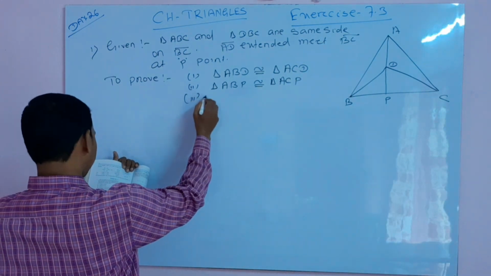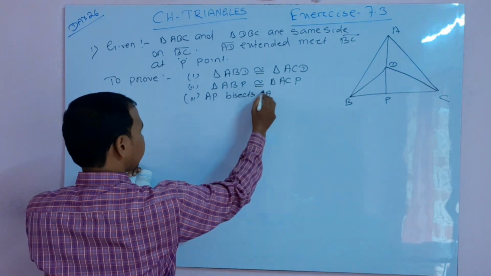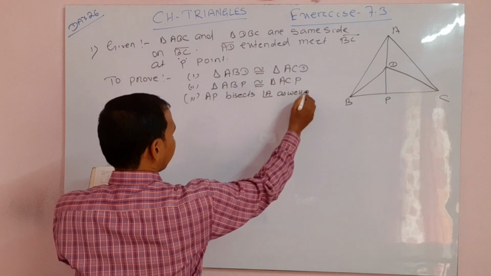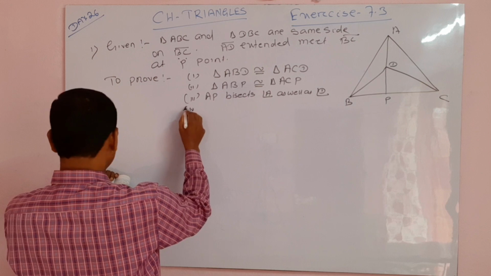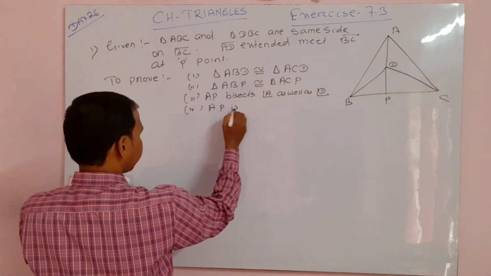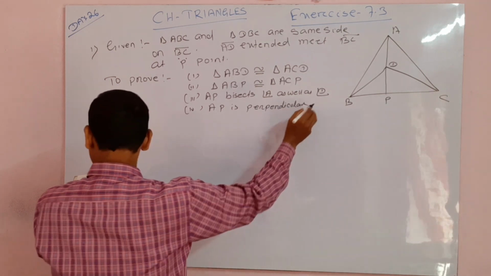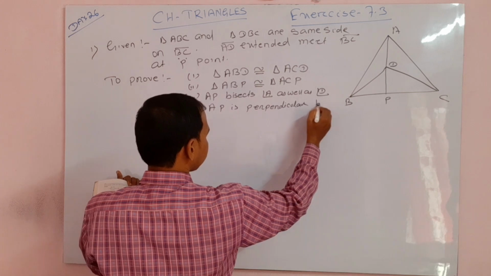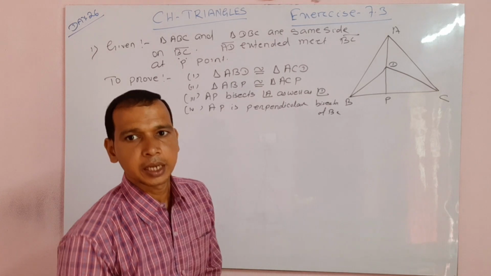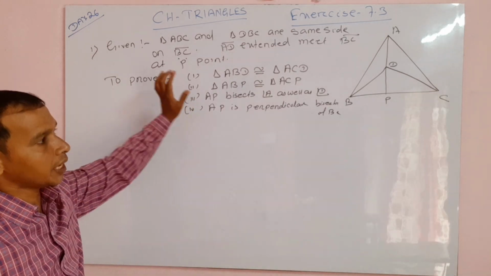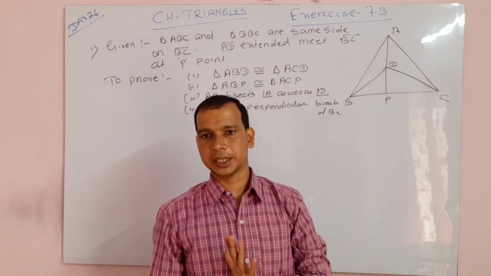And third, AP bisects angle A as well as angle D, that is, AP is the perpendicular bisector of BC.